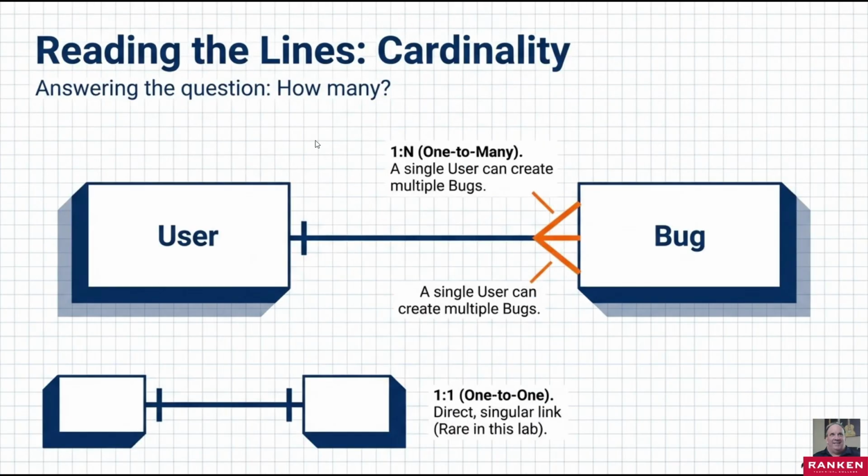Now, reading lines, cardinality, answers the question: how many? So what's the association between a user and a bug? A single user can create multiple bugs, right? For this lab assignment, we're not going to have many one-to-one relationships. Let me give you an example that we're not using, though.